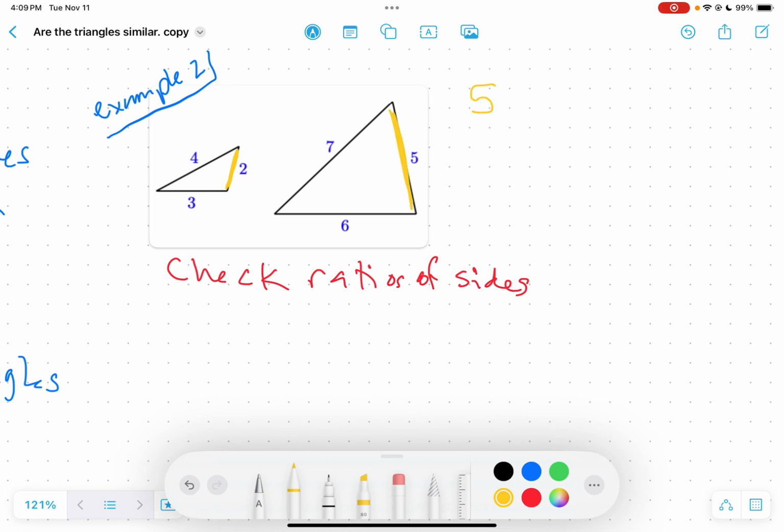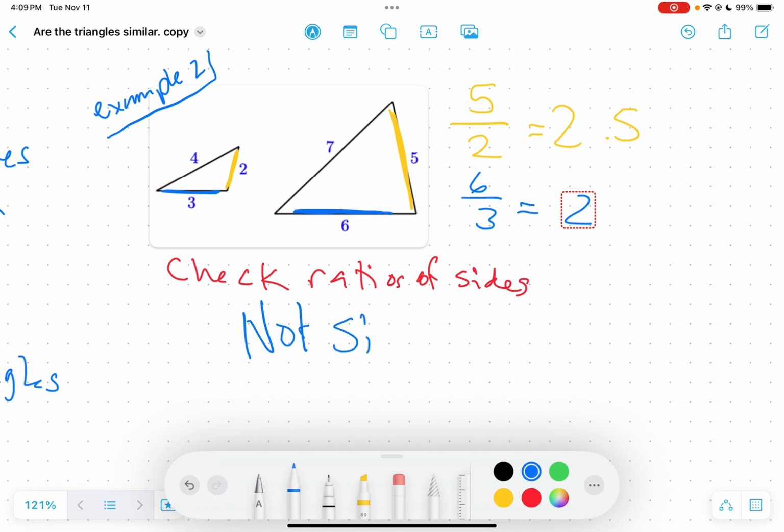So I'll just do 5 divided by 2, which is 2.5. The next one is 3 and 6. 6 divided by 3 is 2. So I don't even have to check the last side. I can already see these are not similar because the corresponding sides do not have equivalent ratios.